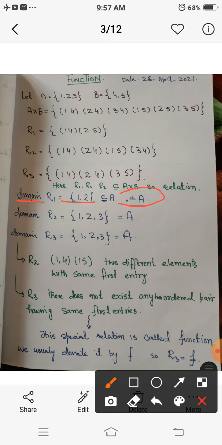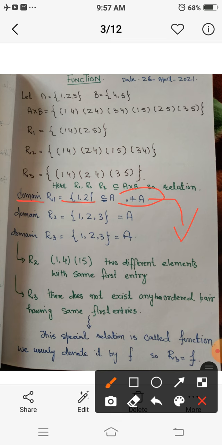Actually the set of first entries is 1, 2, 1, 3, so simply we write {1, 2, 3}, which equals set A. The domain of R3 is also {1, 2, 3}, that is set A. So clearly R1 is different from these two, because the domain of this relation is a proper subset of A.